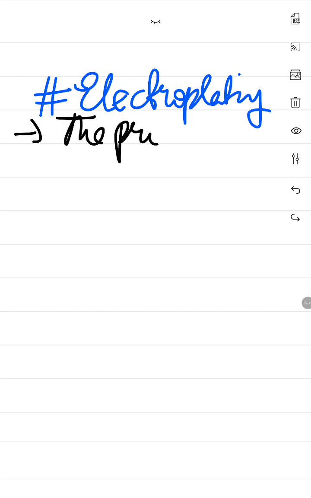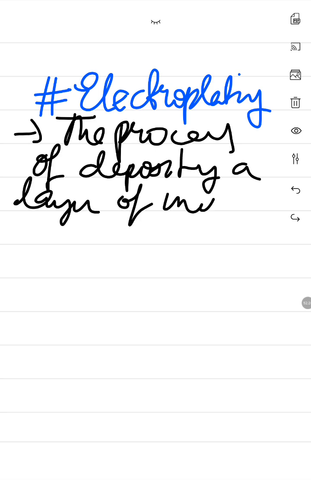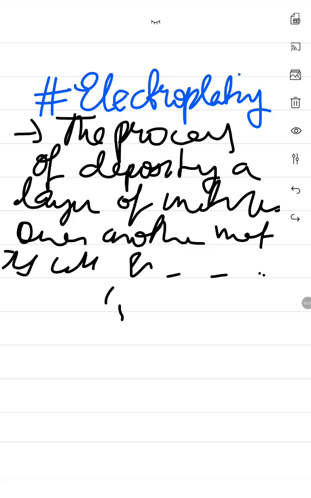The process of depositing a layer of metal over another metal is called electroplating. In markets you have seen fake jewelry that is giving a shiny, gold appearance.